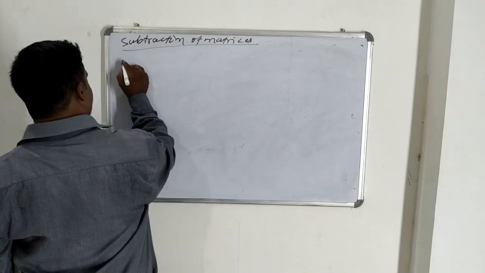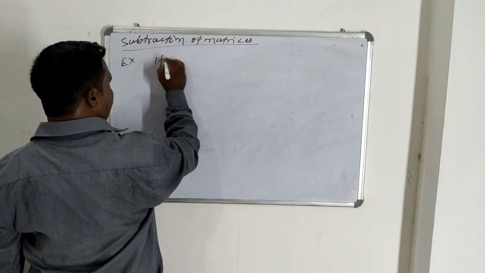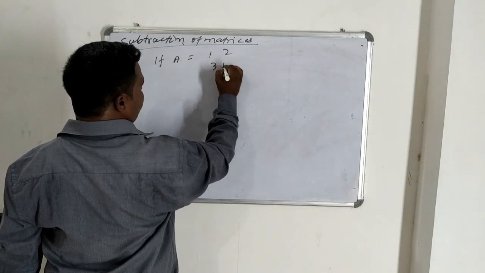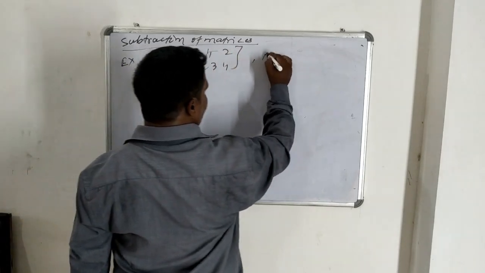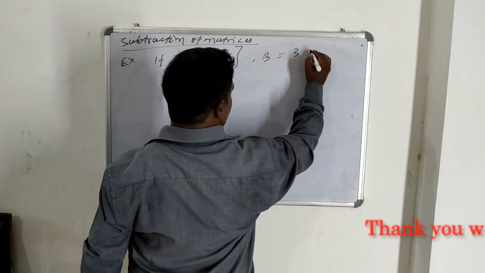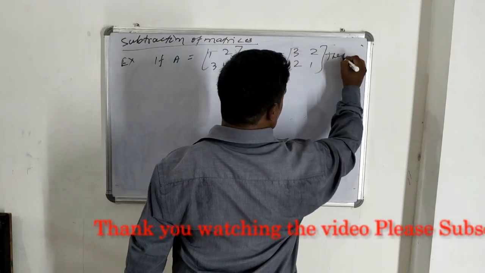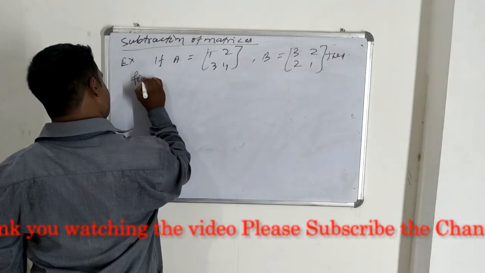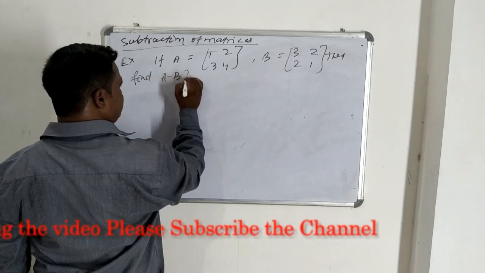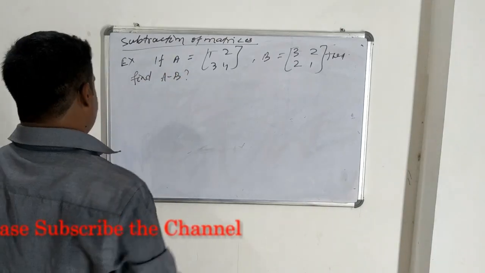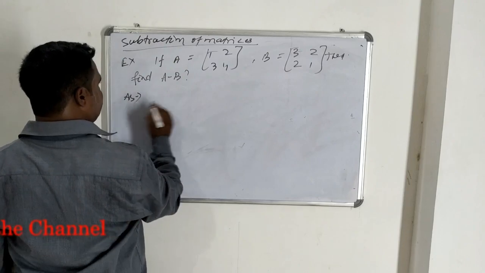If A is the matrix 1, 2, 3, 4 and suppose B is the matrix 3, 2, 2, 1, then find A minus B.